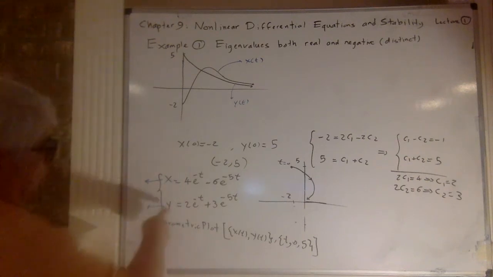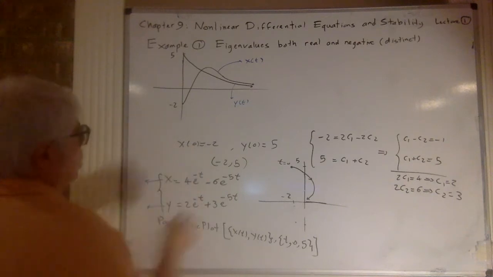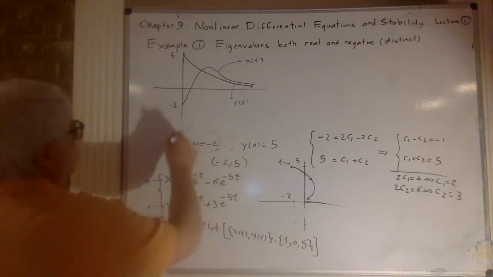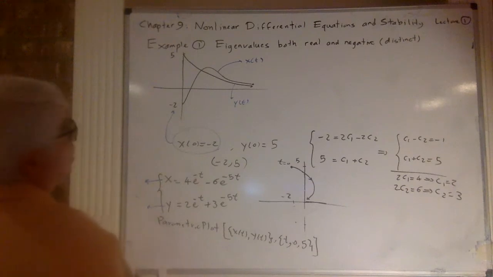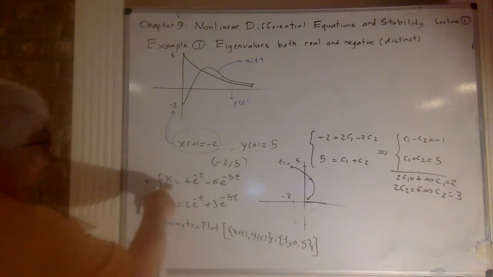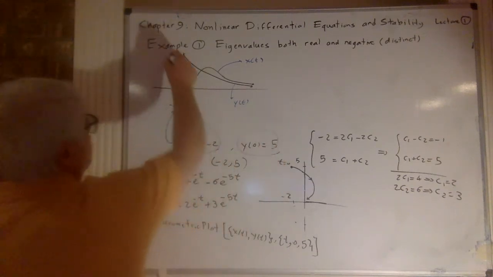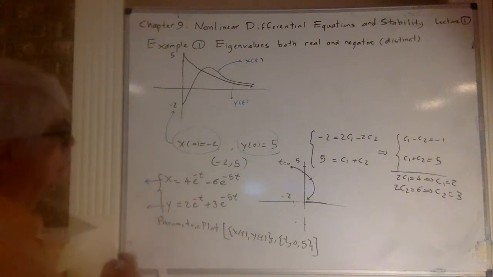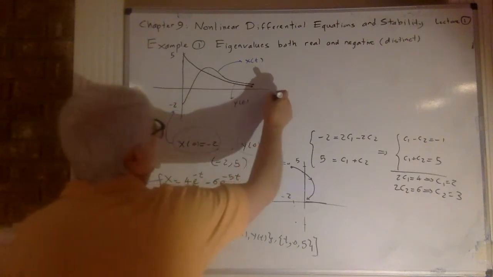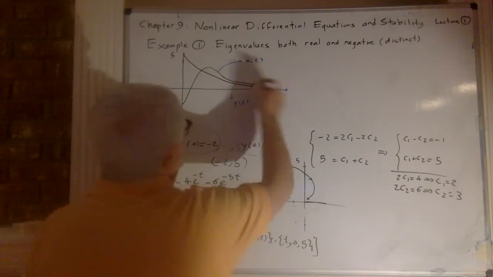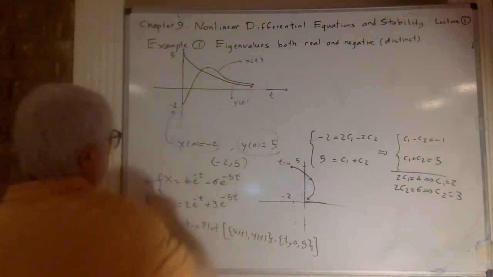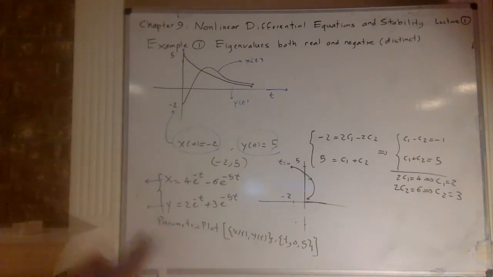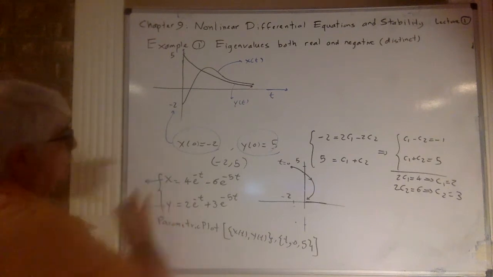You can see that because I assume that x starts at -2, and this one, y, starts at 5. And this is time. This is the axis for both x and y. It's not the x or y axis, it is just the axis for these two.